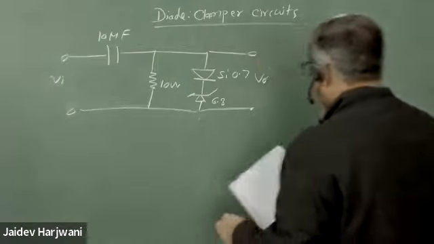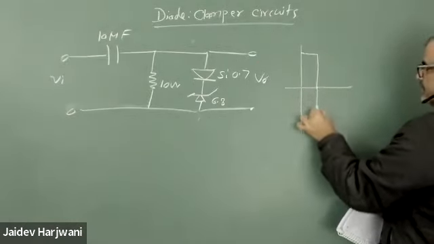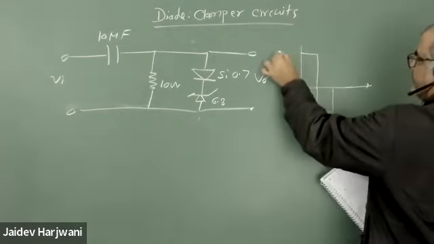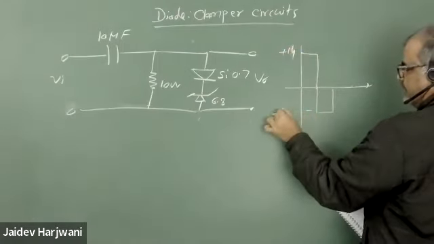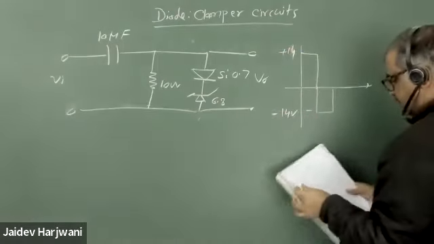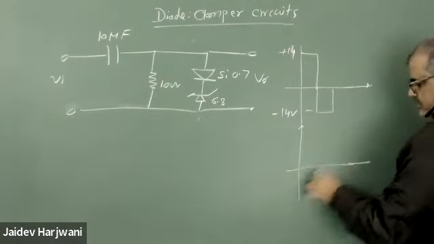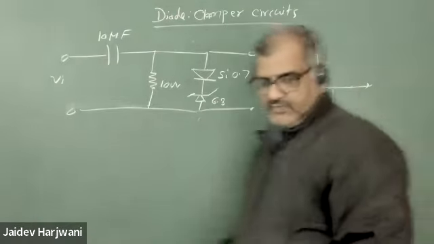And input is again given as pulses. This time negative also, positive also. So you have 1.4 volts here, and here you have minus 1.4 volts. And you want to plot the output. So how can we plot the output?